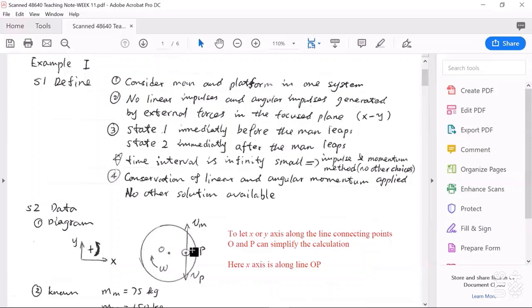The force between this man and the platform should be internal forces. They are not external forces.